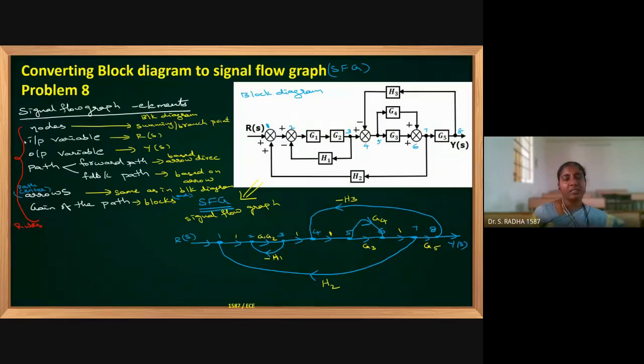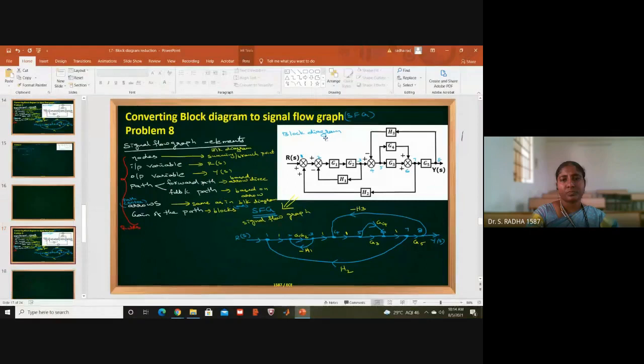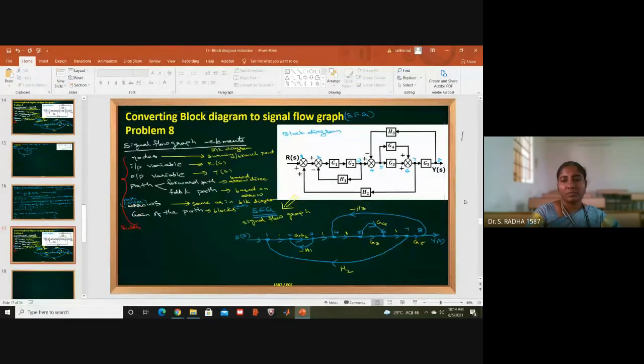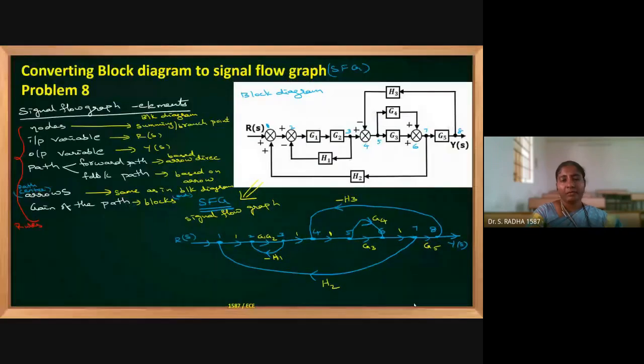This is our question. I will take the converted signal flow graph and explain. You can see here, I will take the same question you are already familiar with, where we converted the block diagram to a signal flow graph.